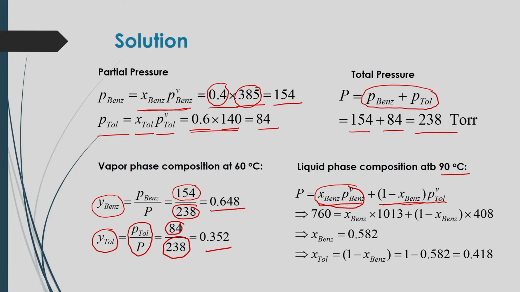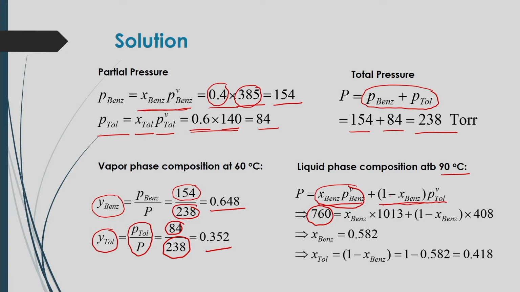Similarly, for toluene, it is 1 minus X benzene into vapor pressure of toluene. After substitution of the compositions of benzene and toluene, we can obtain the total pressure. But here since the total pressure is not changing, we can write 760 as given here.